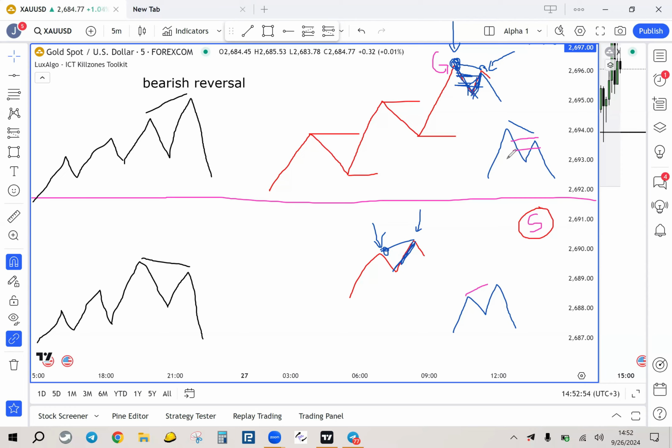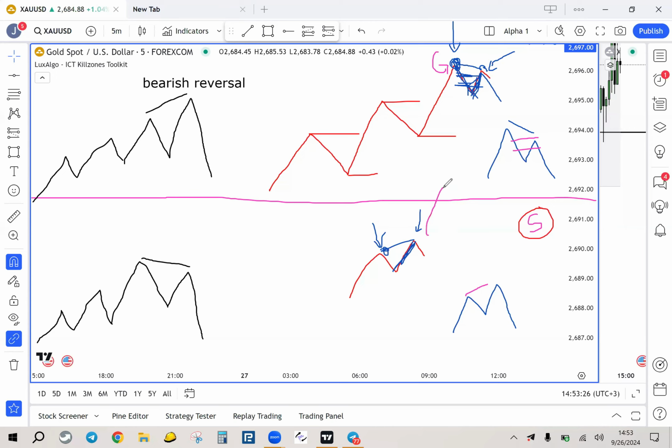So how do you do that? In this case, this divergence is not showing you that gold will continue to push lower. No, because it's in a bullish market. It's a bullish trend. It cannot continue to go lower, and it can't reverse either, because this is not a bearish reversal divergence, it's a bearish continuation divergence. So the interpretation that you must give to this type of divergence is the following.